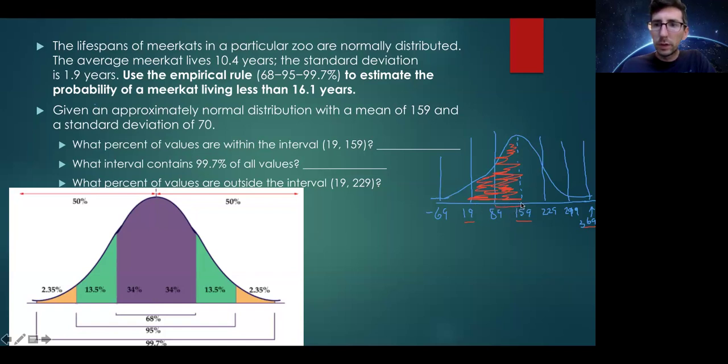So we know this section, from the mean to 1 standard deviation below, has 34% of our data. And we know this section, from 1 standard deviation below to 2 standard deviations below, has 13.5%.